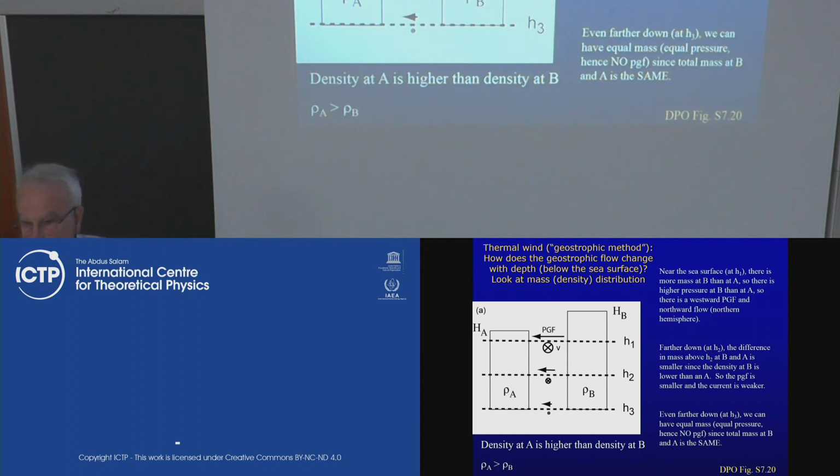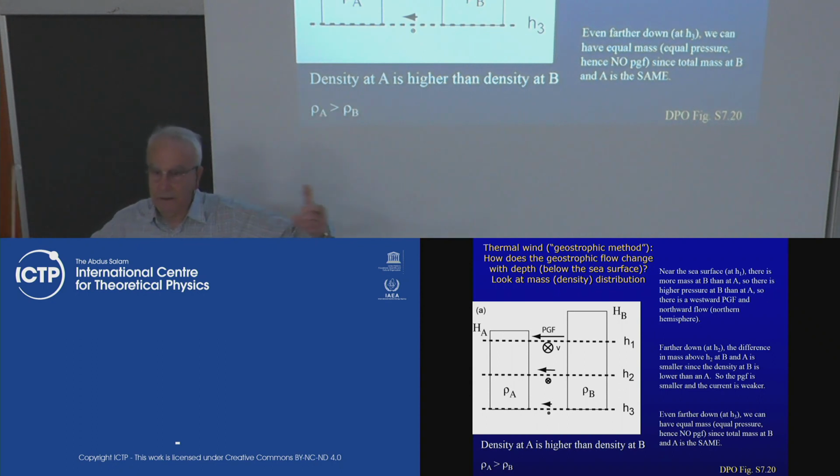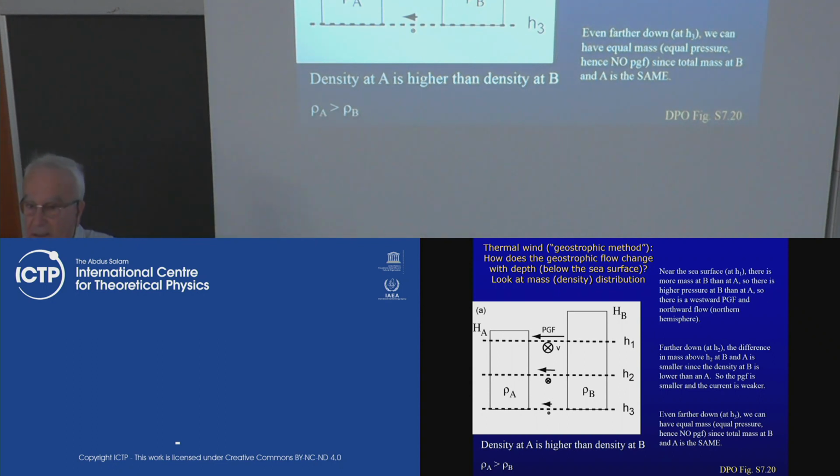Or you can do your calculations and find the density between the two different points at a different depth, and then do your calculations of the vertical shear, or the changes of the horizontal density with depth.